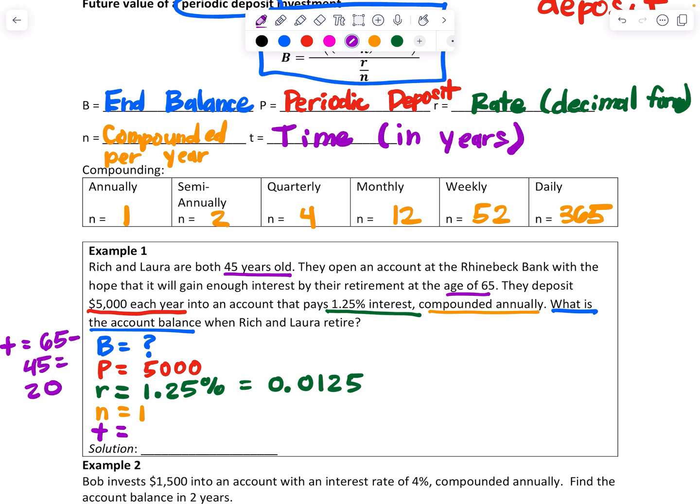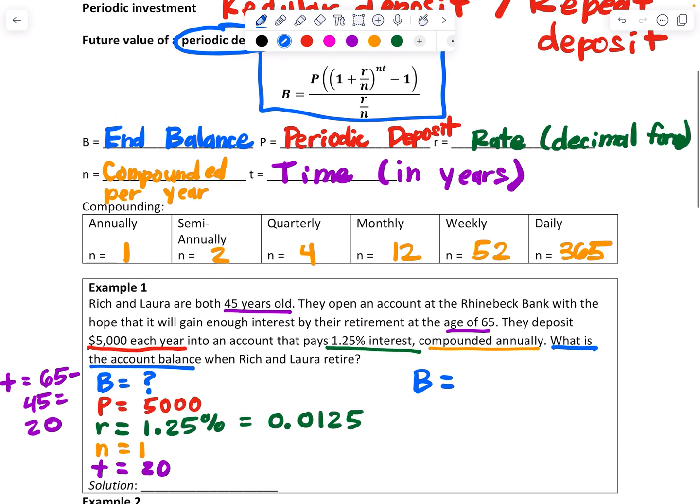They have 20 years to do this. 65 minus 45, they're going to deposit this money into the account for 20 years. So T will equal 20. Okay, now I'm using that new formula. So B equals, and then if I go up a little bit to see my formula, it says P, so 5,000.